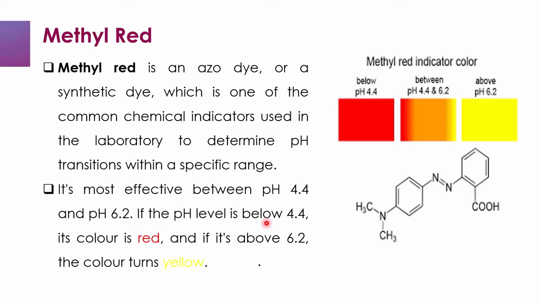If the pH level is below 4.4, the color turns red as seen over here, and if it is above 6.2, the color turns yellow. This is the pH range at which the methyl red indicator effectively works as seen here. And this is the molecular structure for the methyl red indicator.